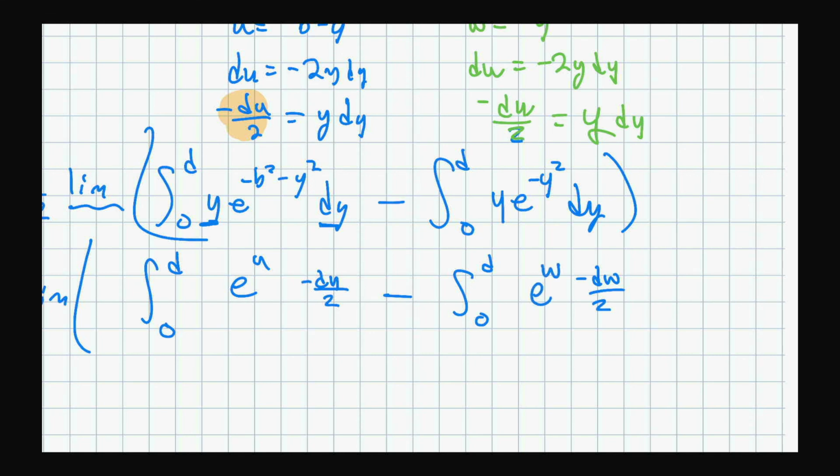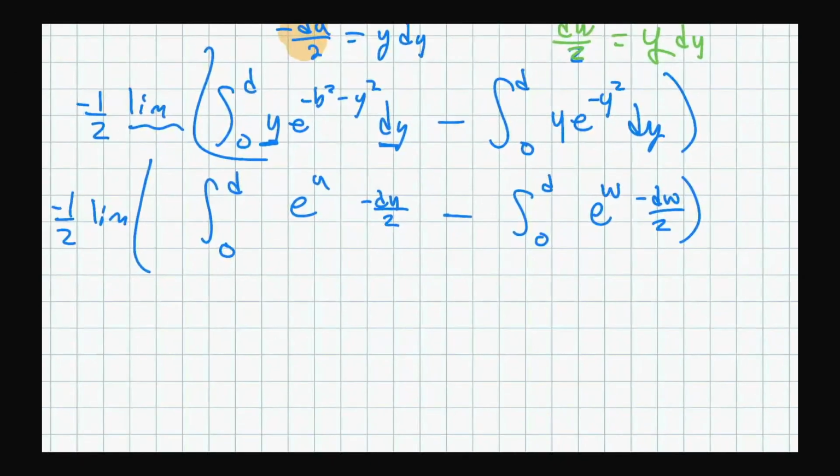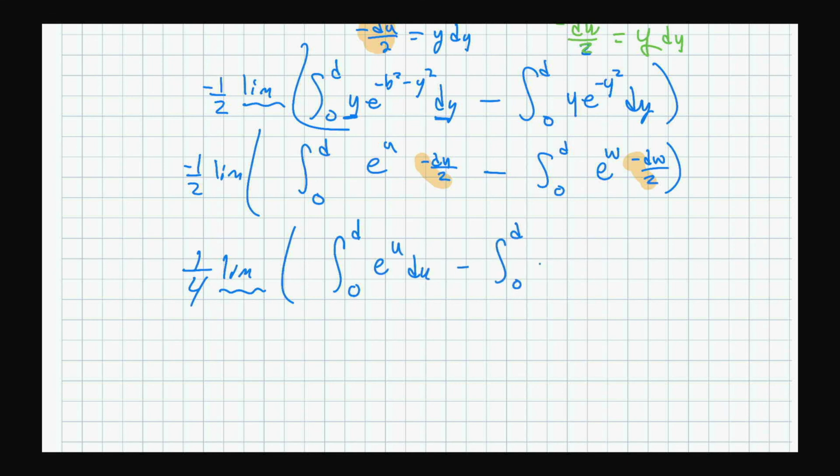And so I had to do 2 substitutions there. They're almost the same substitutions. One thing I can do is, since this one has a negative over 2 and this one has a negative over 2, we may as well take that out front of the whole thing, and integral from 0 to d of just e to the u du minus integral from 0 to d of e to the w dw.